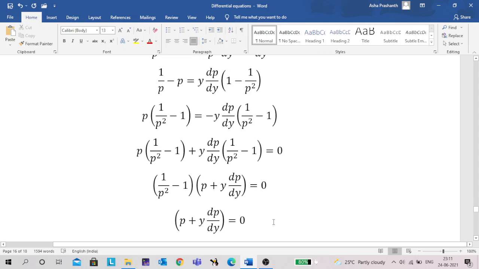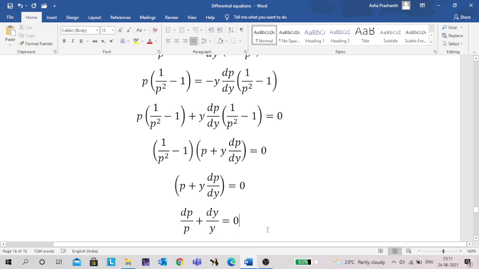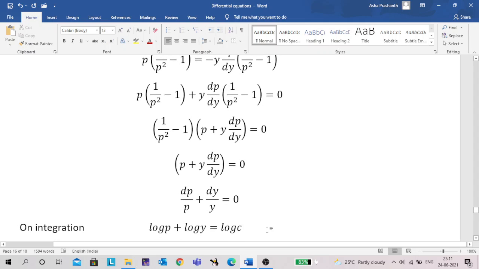Right? So next here I am considering only the second term because the first term is not containing any derivative. So I am neglecting that first term. I am considering the second term to find out the solution. So p into p plus y into dp by dy is equal to 0, neglecting the first term because the term is not containing the derivatives.